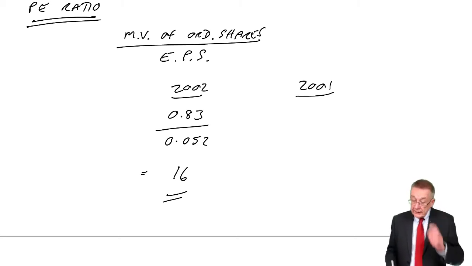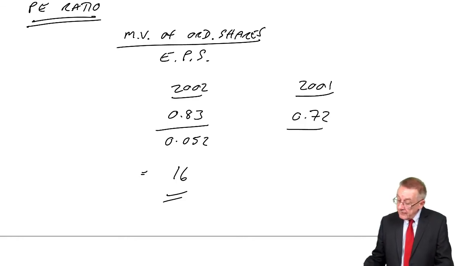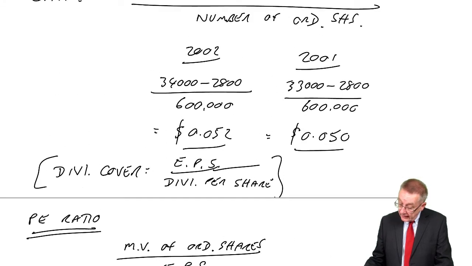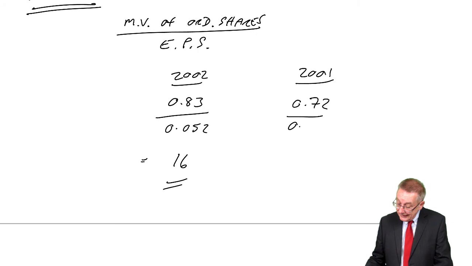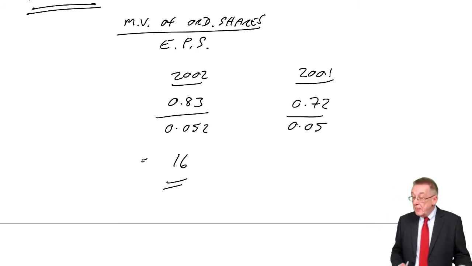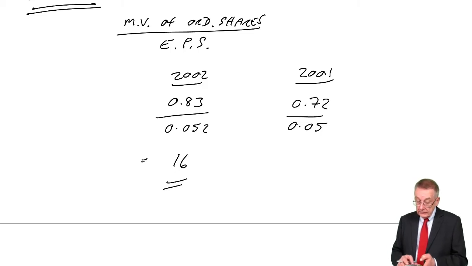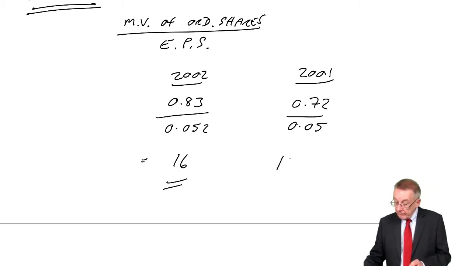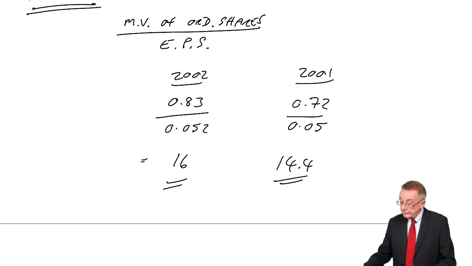In 2001, the market value per share was 72. The earnings per share, 0.05. And so the PE ratio is 14.4.